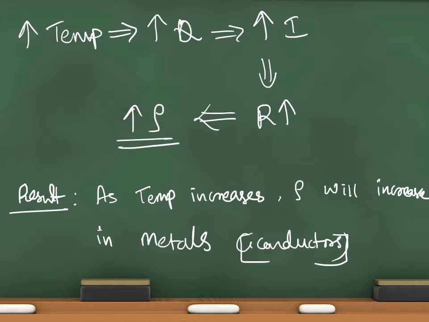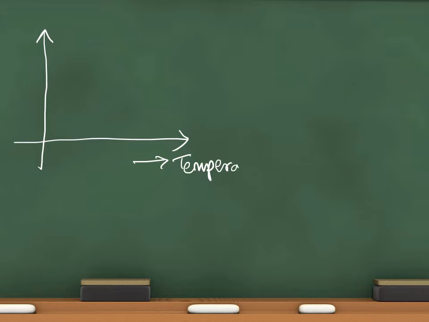So shall we have a characteristic relation regarding this? If I want to draw a graph between these things, this is the temperature, and this is the resistivity. So as temperature increases, what will happen? At the start, let me assume at 0 degree temperature, as it is a conductor, there will be some free electrons and some resistivity.